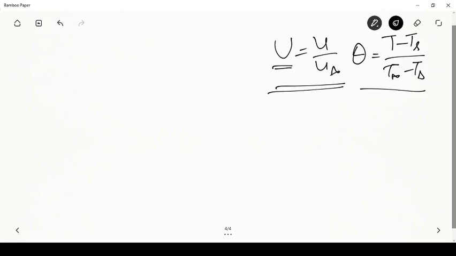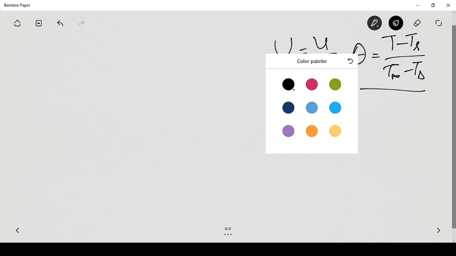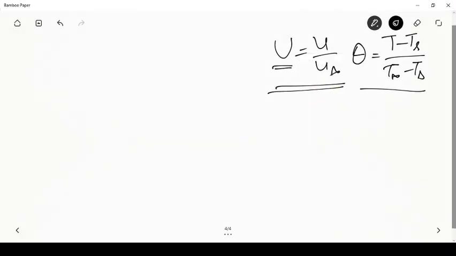Similarly, you also define a non-dimensional concentration. Let us look at it as Ci with a tilde on top, just to distinguish it from the dimensional one.